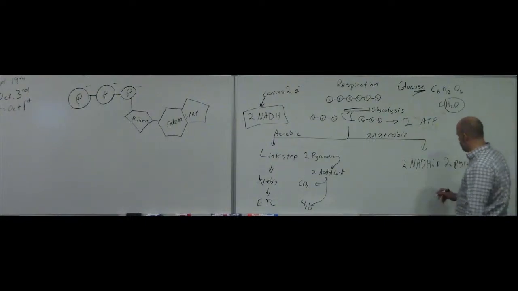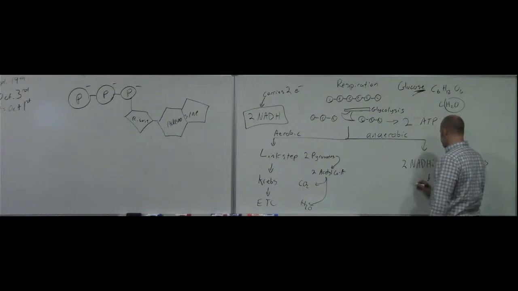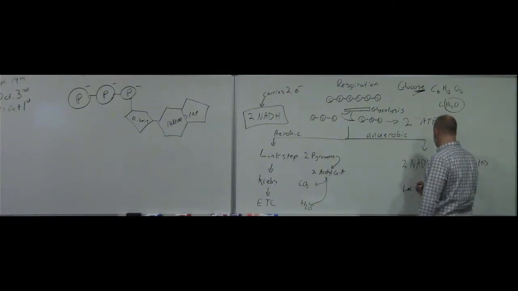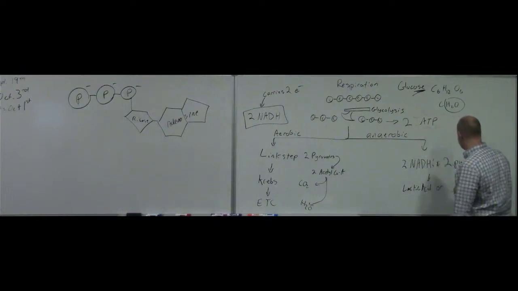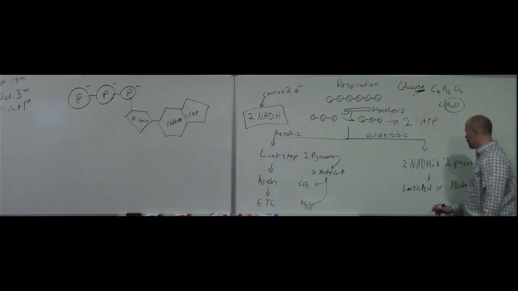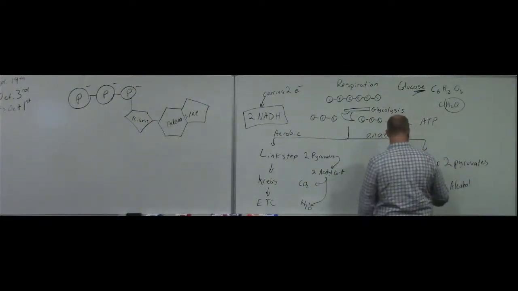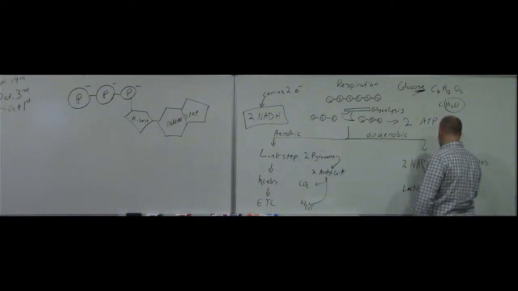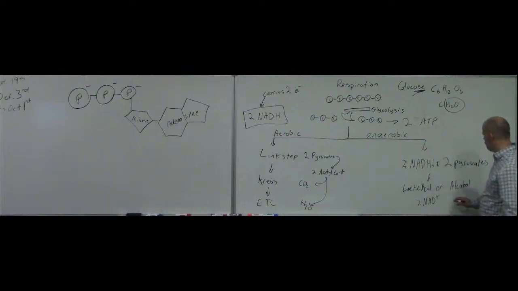It either gets converted into lactic acid or into alcohol. Then we're able to liberate our 2 NAD pluses. But what is missing over here? Aside from, hey, there's no oxygen, that's why we landed over here. There's no more ATP.